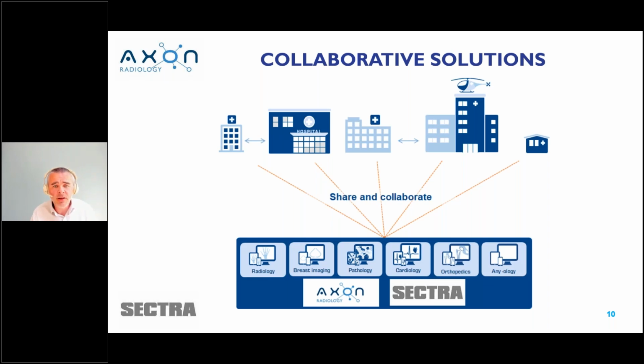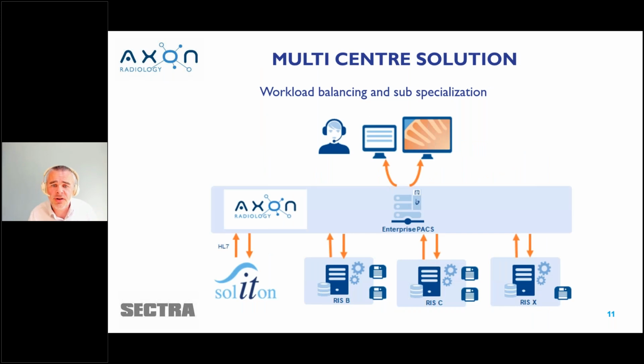Moving on there, Paul. But of course, we can't do this without the all-important RIS integrations to enable these seamless workflows. The Sectra PACS includes the capabilities for the ingestion of HL7 from the Axon client sites. And this means that orders are able to flow into the PACS.